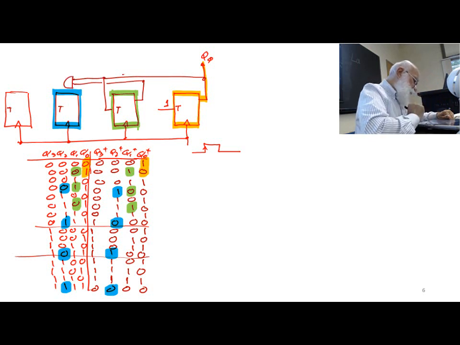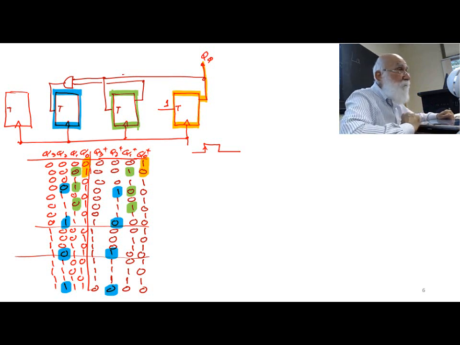This is 1, this is 1, this toggles. Okay.